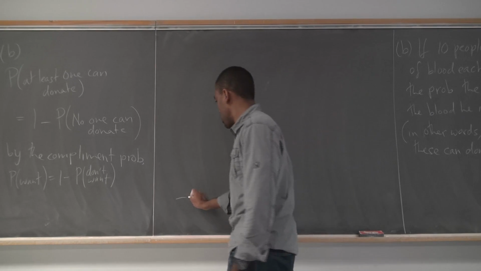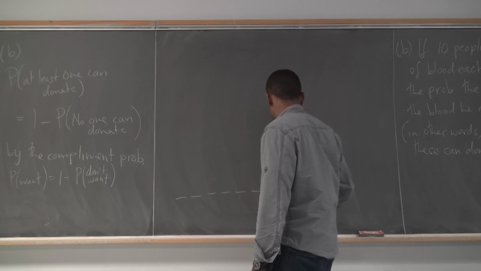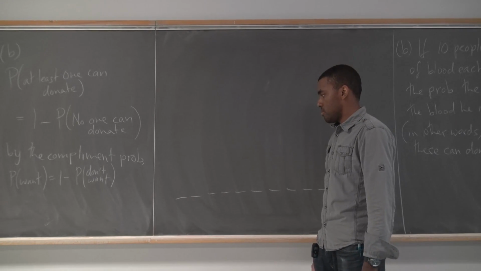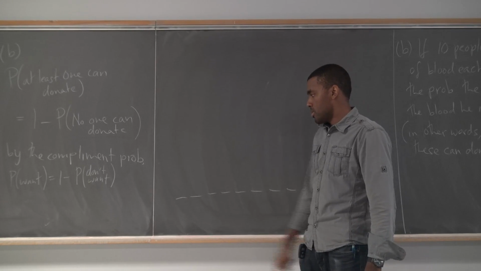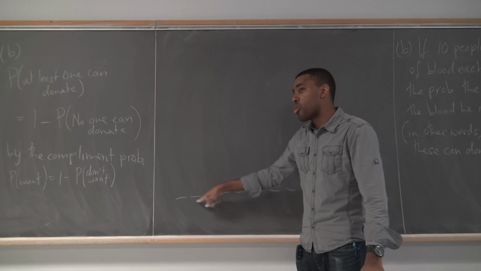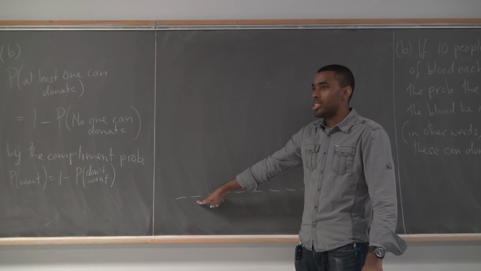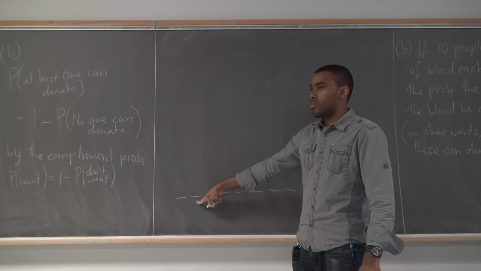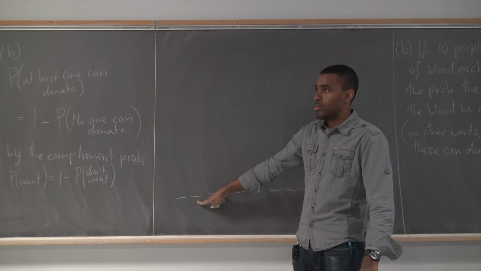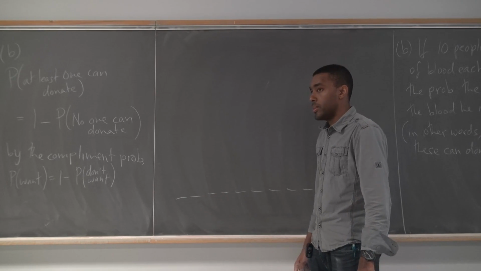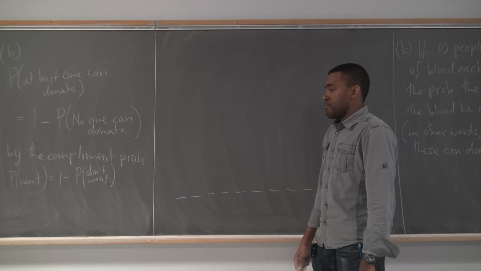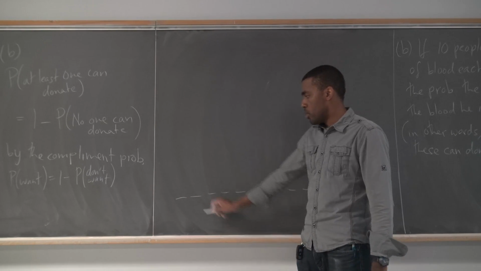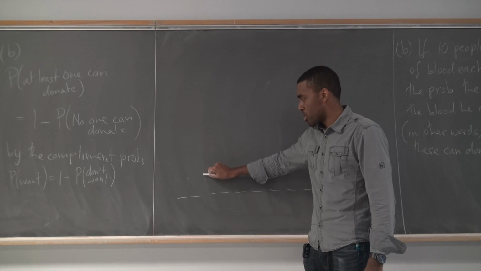If you have 10 people, 1, 2, 3, 4, 5, 6, 7, 8, 9, 10, what's the probability that no one can donate? Like he cannot donate or he cannot donate? Is that what you would say? How do you sort of phrase it? How do we connect these? With what word?